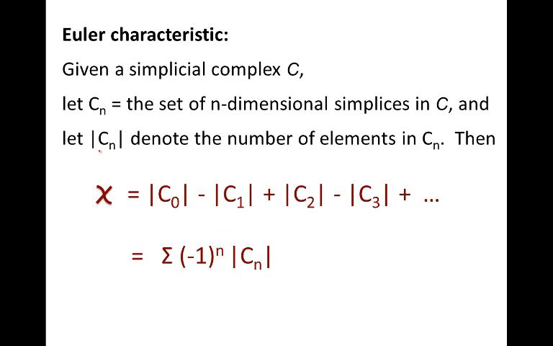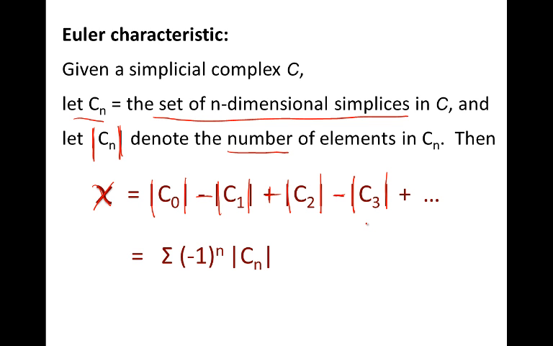We can generalize the definition of Euler characteristic to higher dimensional simplicial complexes. Let Cn denote the set of n-dimensional simplices in our complex, and we'll use the absolute value symbol to denote the number of elements in a set. So to calculate the Euler characteristic, I can do the number of vertices minus the number of edges plus the number of two-dimensional faces minus the number of three-dimensional simplices.